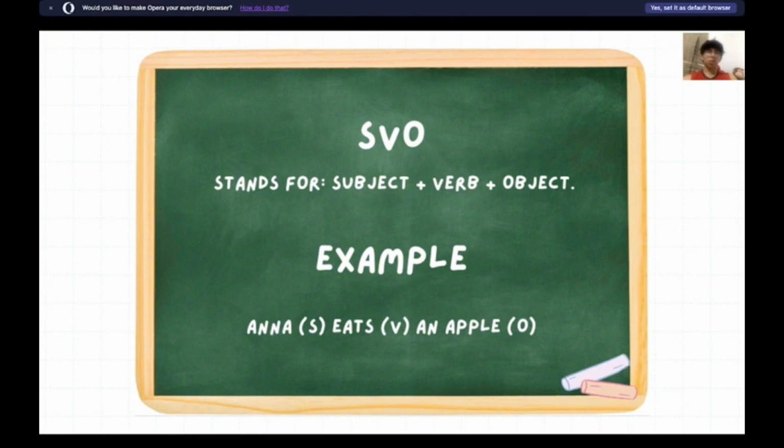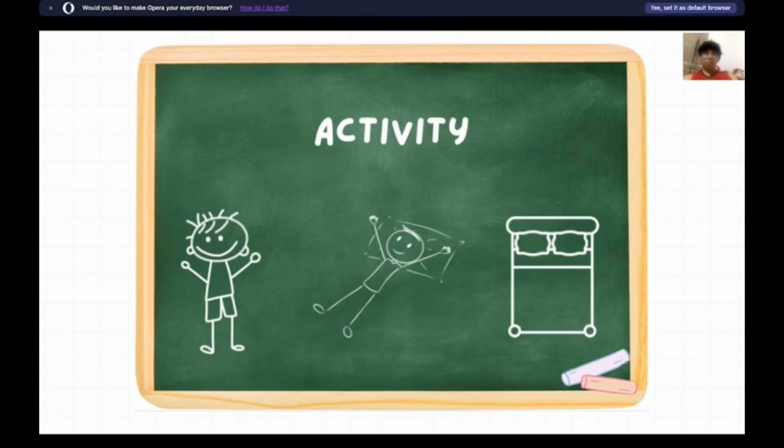In this case, we are using present simple, but it's the same order in the majority of tenses, in past, in present continuous, etc. So, an activity. We have three words that we have to choose. In the first one, the subject could be a name or "he."